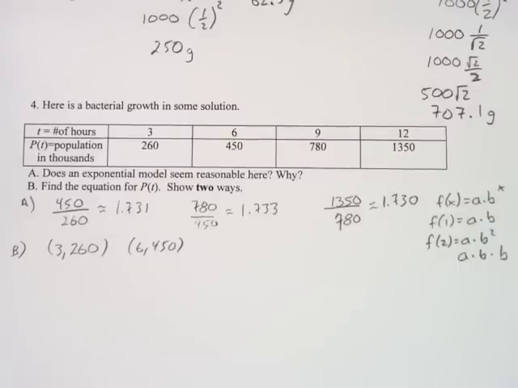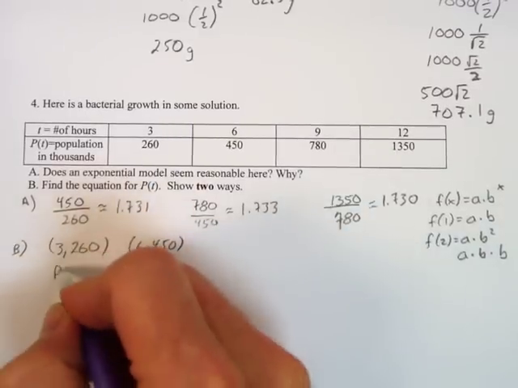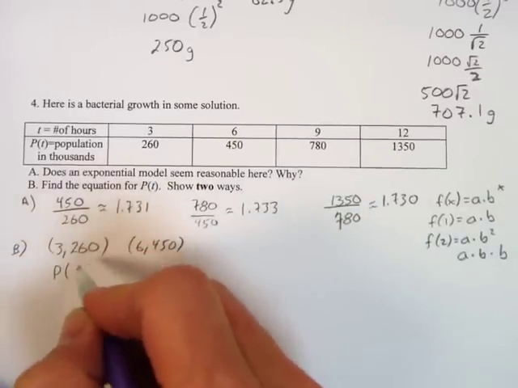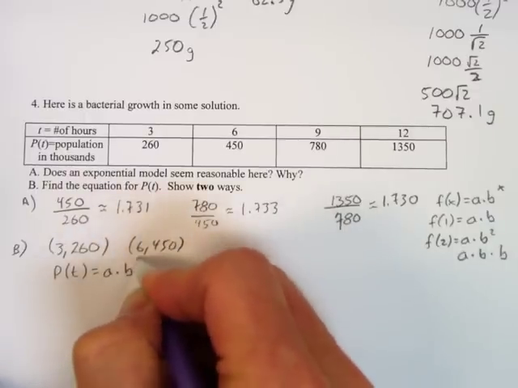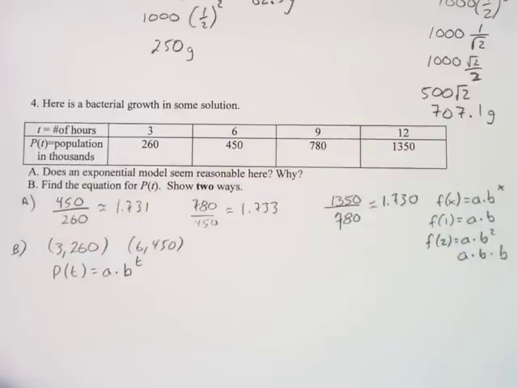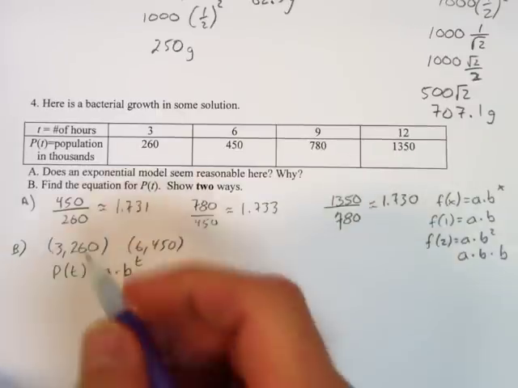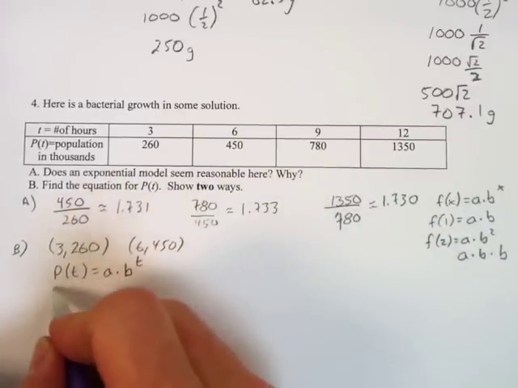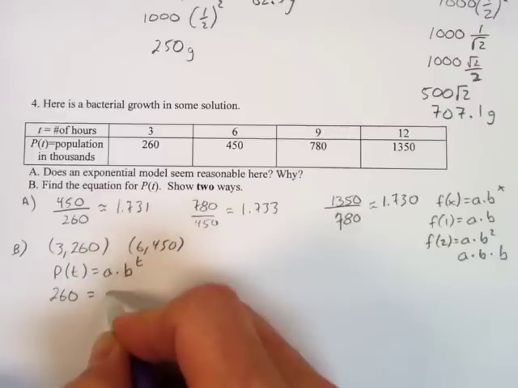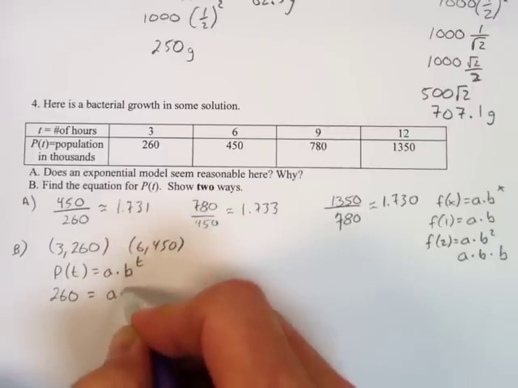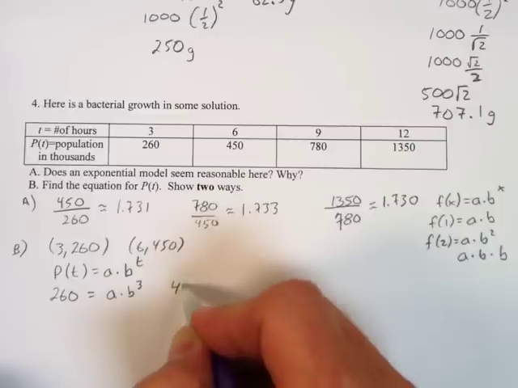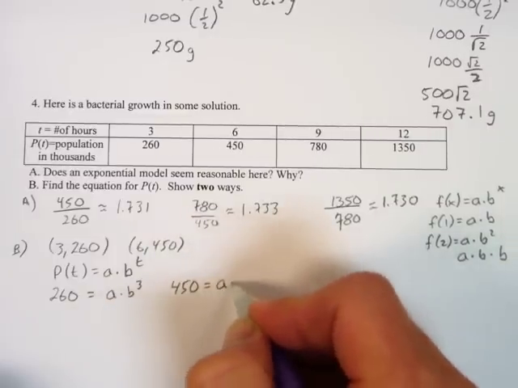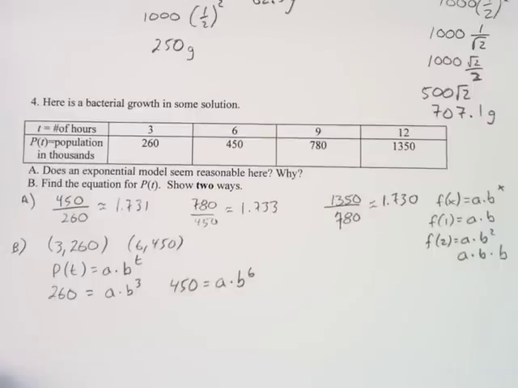We'll use those two, just like we did on problem number 1 and 2. In this case, we have P of t equals a times b to the t, just a slight variation of our f of x. Let's plug it in, and we have 260 equals a times b cubed, and 450 equals a times b to the 6.